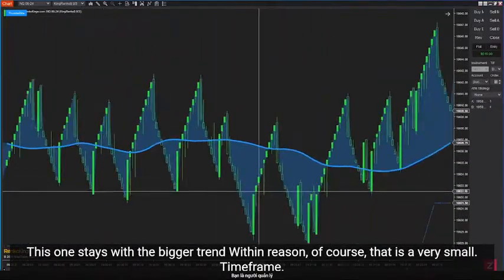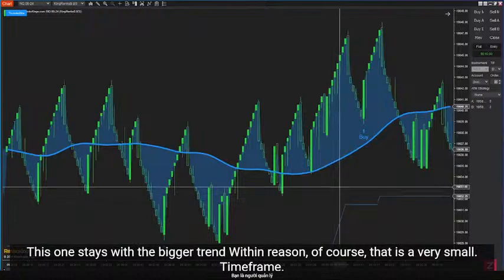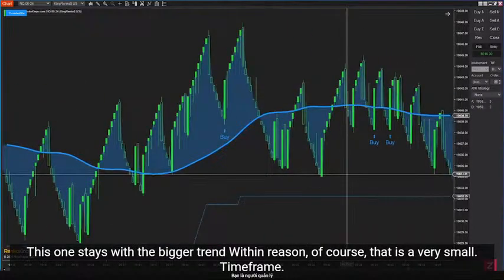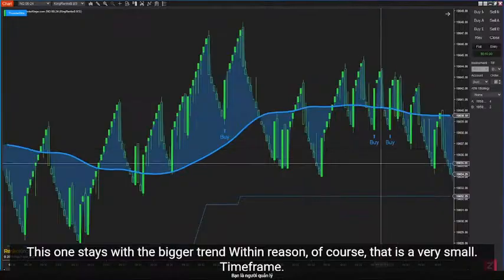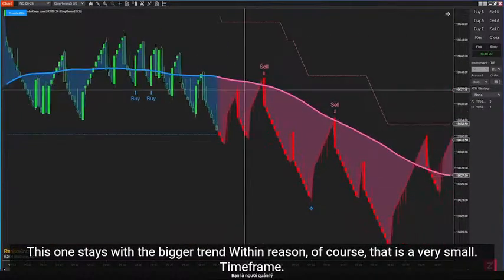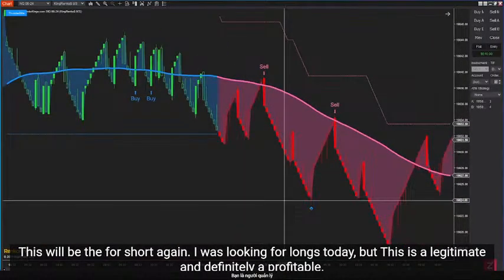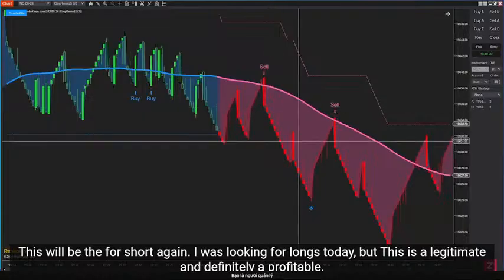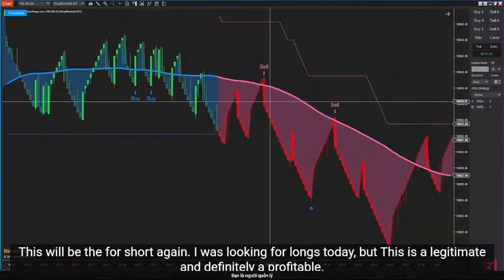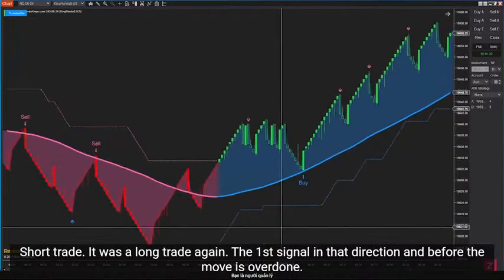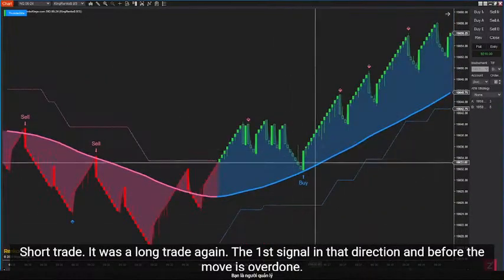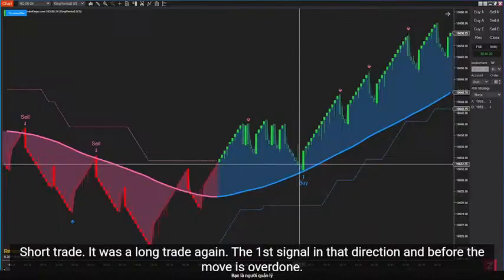This one stays with a bigger trend within reason. Of course, it is a very small time frame. This would be the first short. Again, I was looking for longs today, but this is a legitimate and definitely a profitable short trade. Here is a long trade. Again, the first signal in a direction and before the move is overdone.